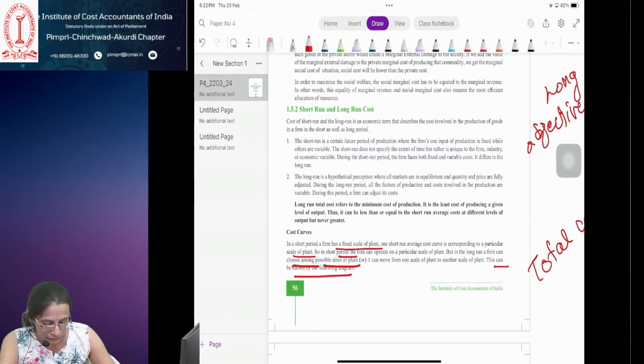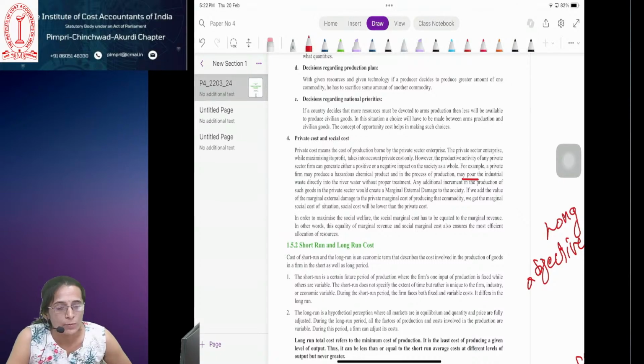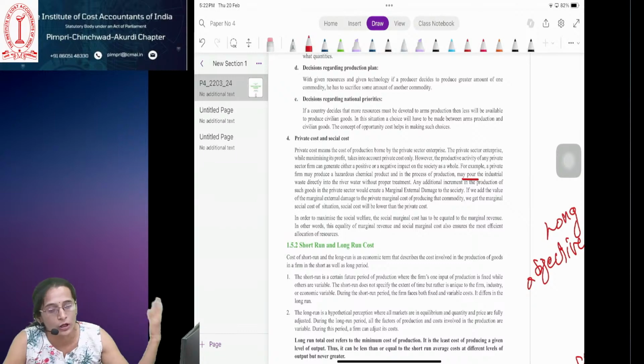Okay. Now she was asking what is private cost and social cost, right? So private cost is, see, what are private companies, you know? You know what are private organizations? Those organizations which don't work for welfare but want to maximize profit are private, what we say.